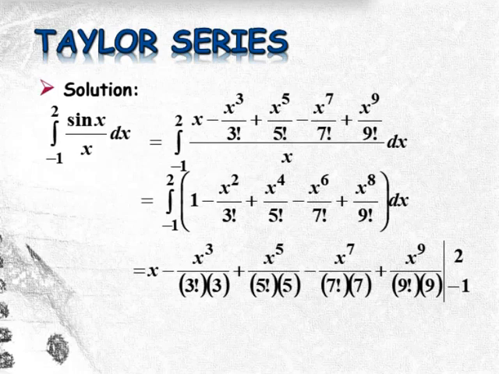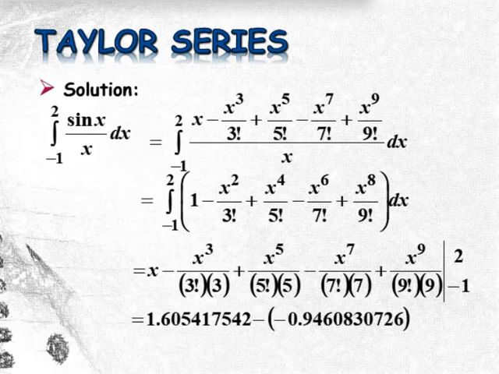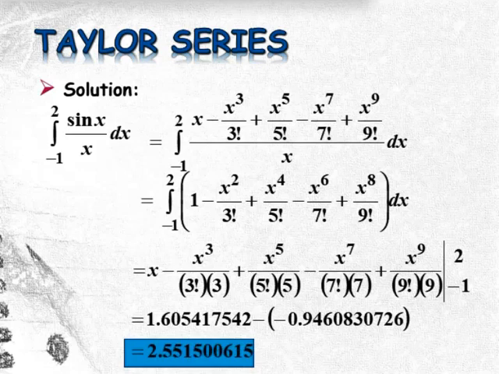Substitution of negative 1 and 2 will give us 1.605417542 minus the negative of 0.94608300726. So therefore, the integral of sine x over x dx from negative 1 to 2 is 2.551500615. So for this particular example, I wrote the series in addition form before finding the integral of the given function.